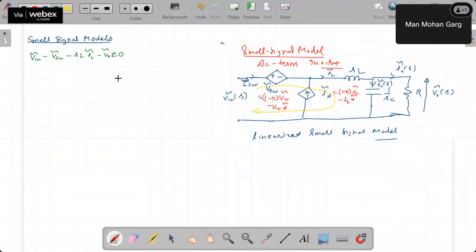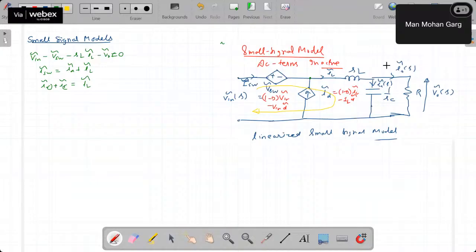So this KCL gives us ISW equal to ID plus IL, right? And the next equation is that I naught plus IC is equal to IL, right?